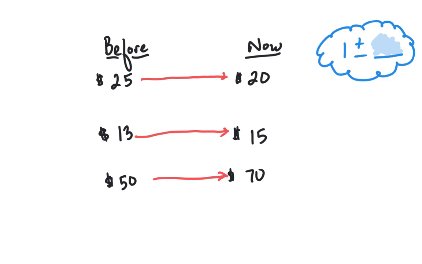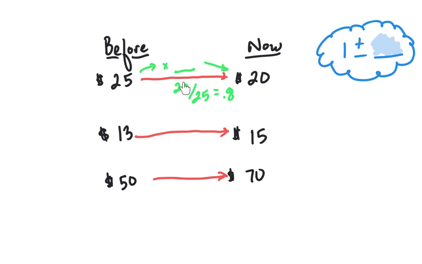So basically we have to say, what did we multiply by to get us from 25 to 20? Well, the easiest way to figure that out is simply take the now value and divide it by the before value. Now, if you type that into your calculator, this is 0.8. So what goes in this box is that multiplier.